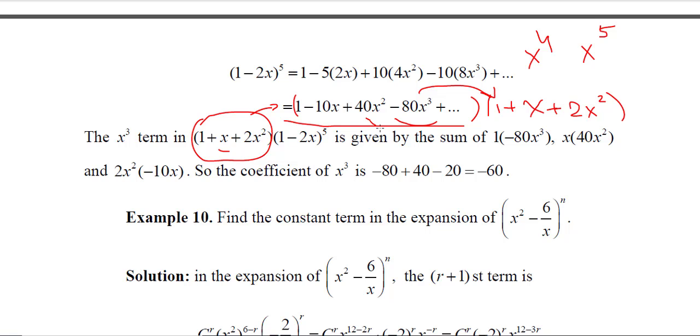And when we multiply 40x squared by x, we'll get x cubed. And 2x squared by minus 10x, we'll get x cubed. So the coefficient of x cubed is minus 80 plus 40, we'll add them, and minus 20. This is minus 60.